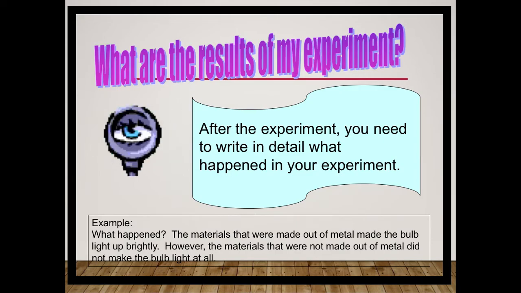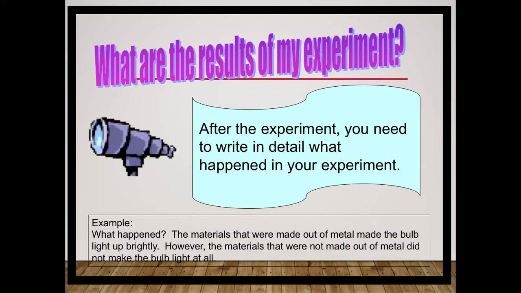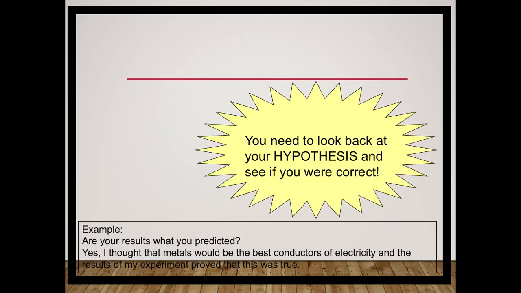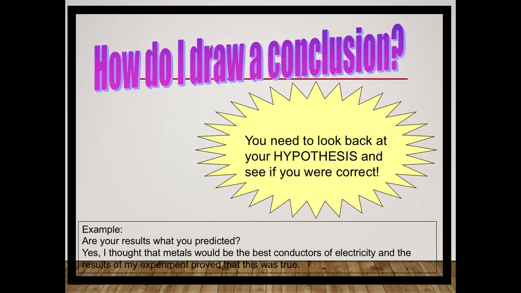When you do your experiment, you are then looking at the results. And after the experiment, you need to write down all those data so someone can then review it. What happened? What materials did you use? How did this work out for you? When you do that, you are drawing your conclusion. You're saying what happened in your experiment. Did one ball drop faster than the other? Did one plant grow better than another?